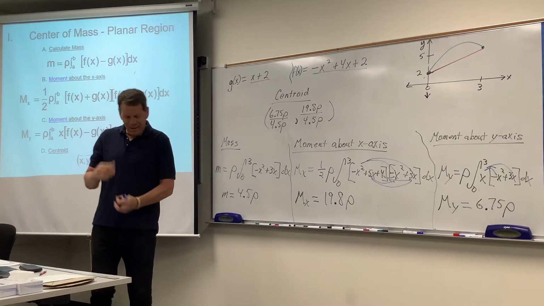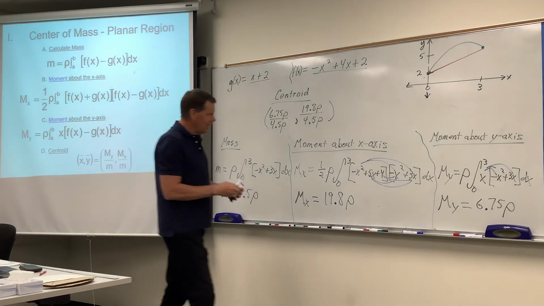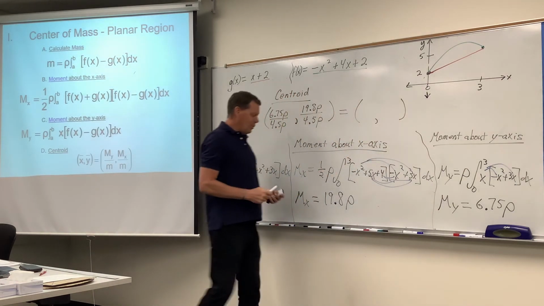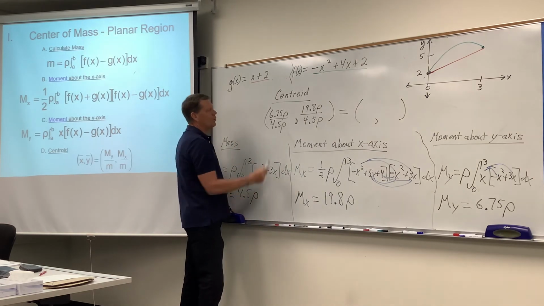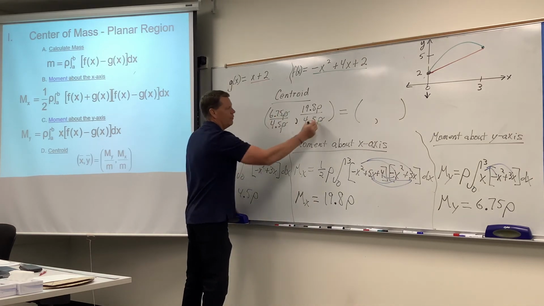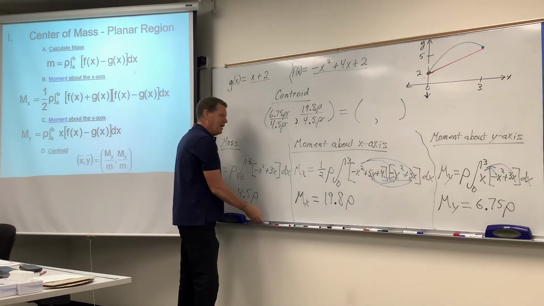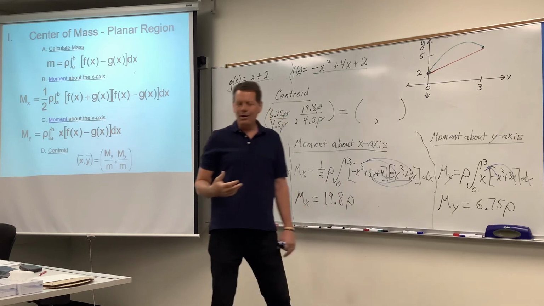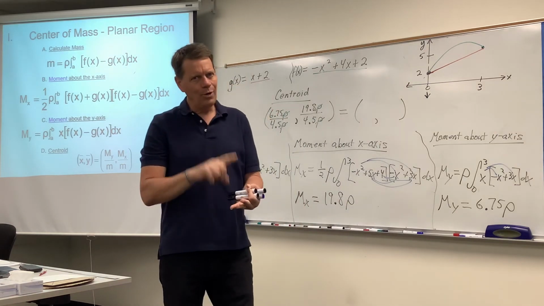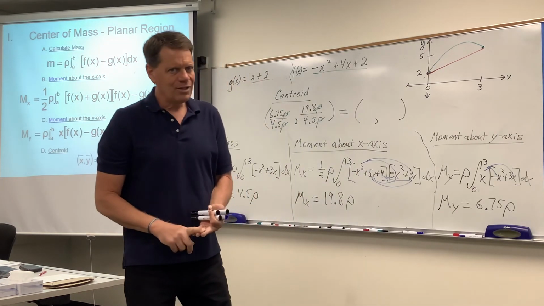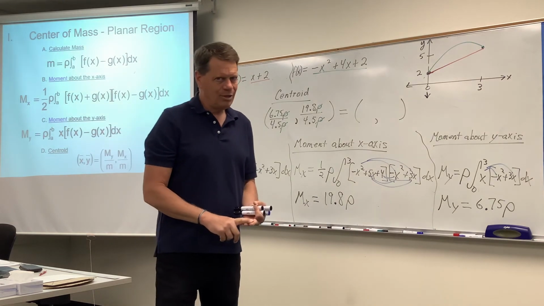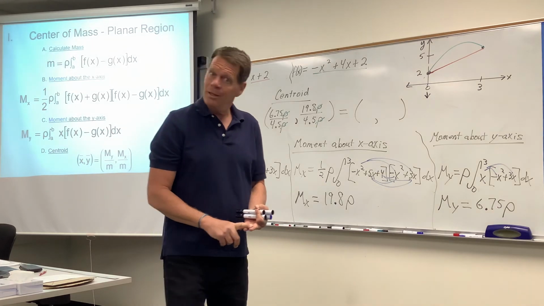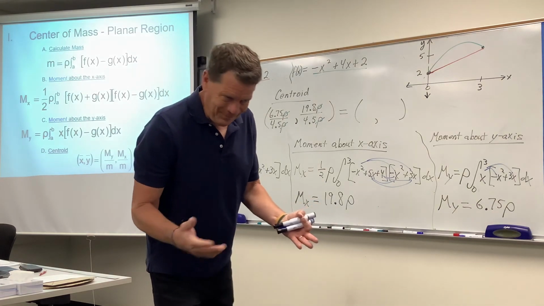And the interesting thing about this is, when we go to simplify this, you will notice that in both cases, the rho cancels in both fractions, because guess what? The balancing point here really doesn't matter whether it's made out of aluminum, copper, whatever. It turns out that the balancing point is going to be the same regardless of the material. So the density of the material turns out to be immaterial, right?